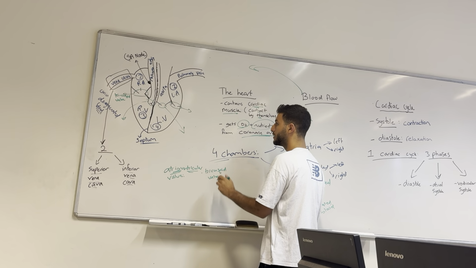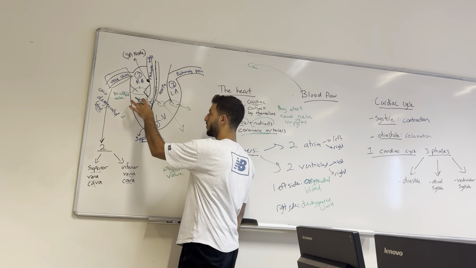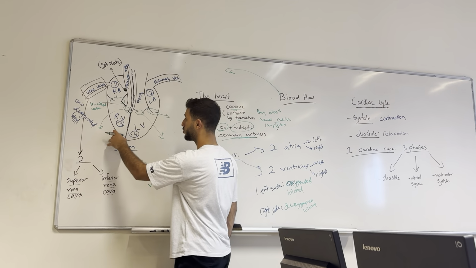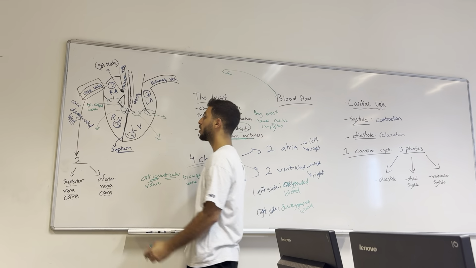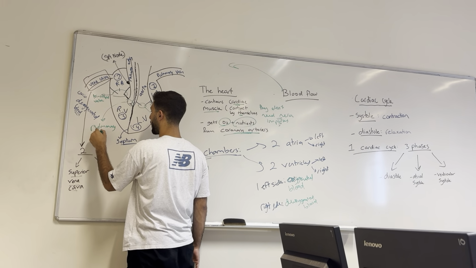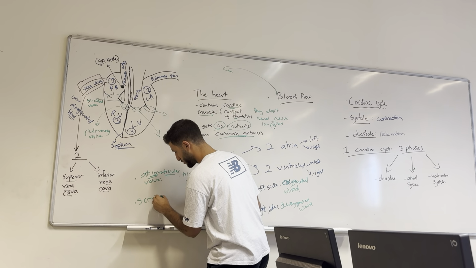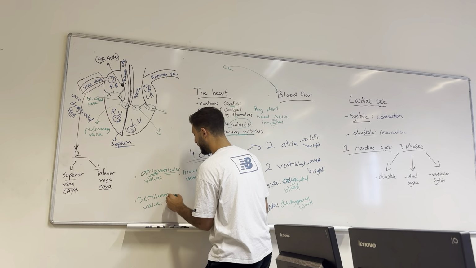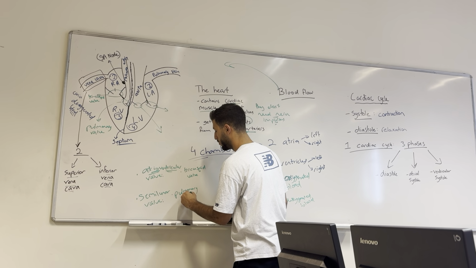Now after that deoxygenated blood enters the right atrium, it's going to pass through the valve and enter the right ventricle. After the right ventricle, it's also going to pass through another valve. What's this valve called? We call it the pulmonary valve. And it belongs to semilunar valves. Okay, so semilunar valves has the pulmonary valve.